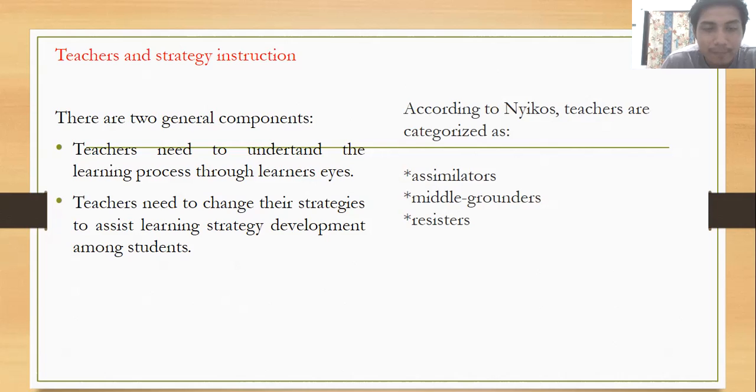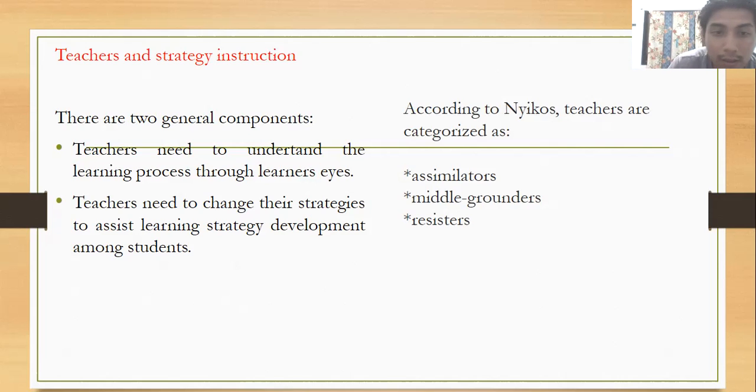But we have to know that even if teachers are fully aware of the nature and use of learning strategies themselves, sometimes they will be unable to effectively help their students.